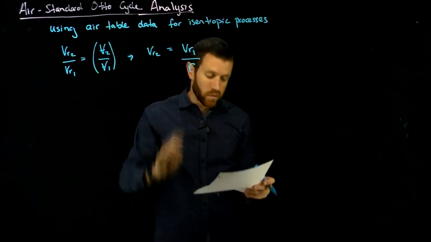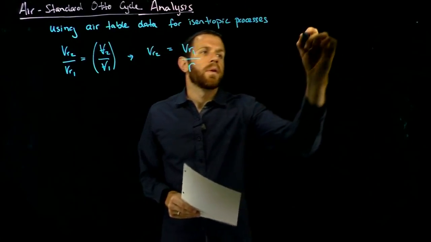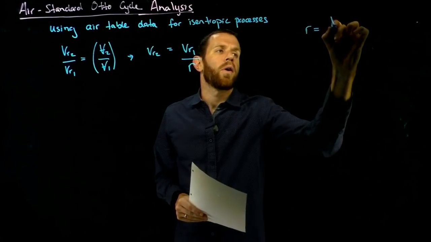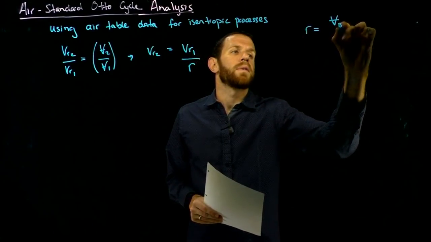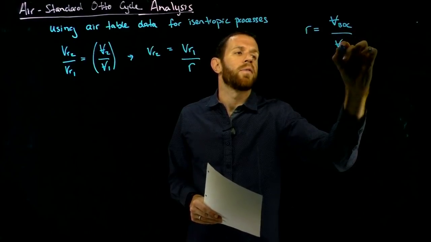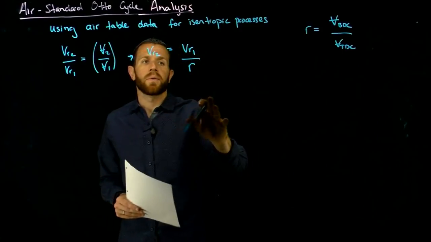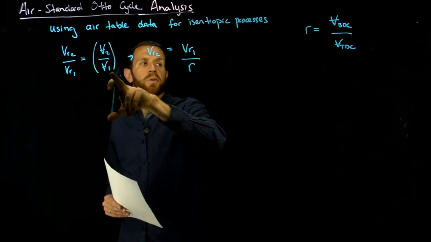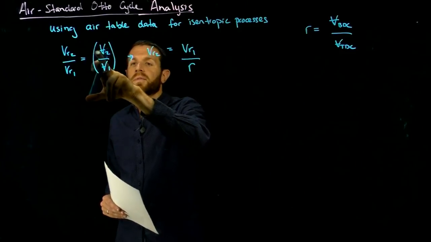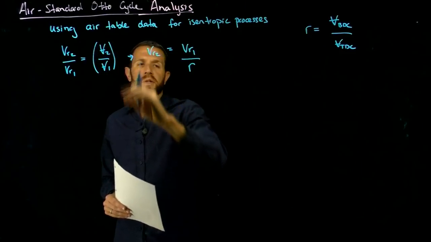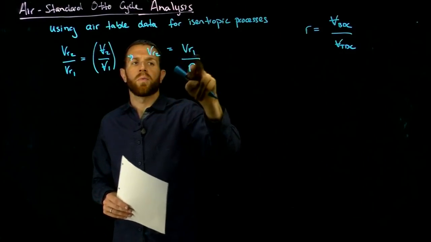Remember, this is our compression ratio, which we defined in a previous lecture. r is the volume at bottom dead center over the volume at top dead center. So in the case of an Otto cycle, this is going to be the volume V1 at bottom dead center, V2 top dead center. So that's just the reciprocal of r. So vr2 is equal to vr1 over r.